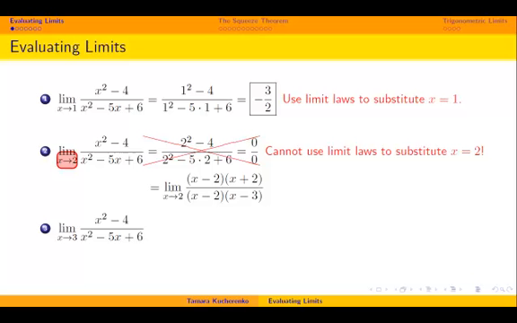Since in the limit we consider the values of x which are close but not equal to 2, the term x minus 2 is never 0. We can divide the numerator and denominator by x minus 2 and obtain the limit as x approaches 2 of x plus 2 over x minus 3.